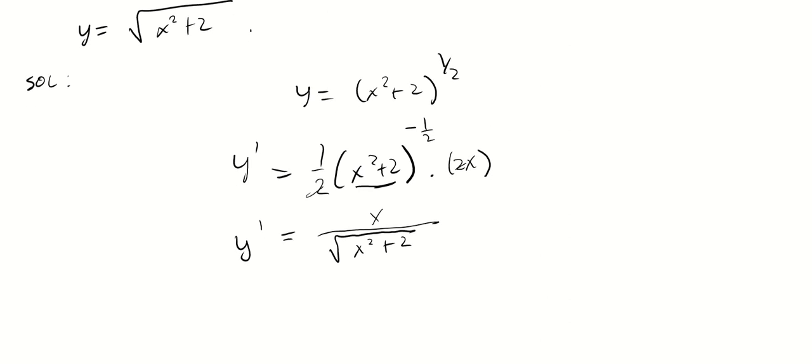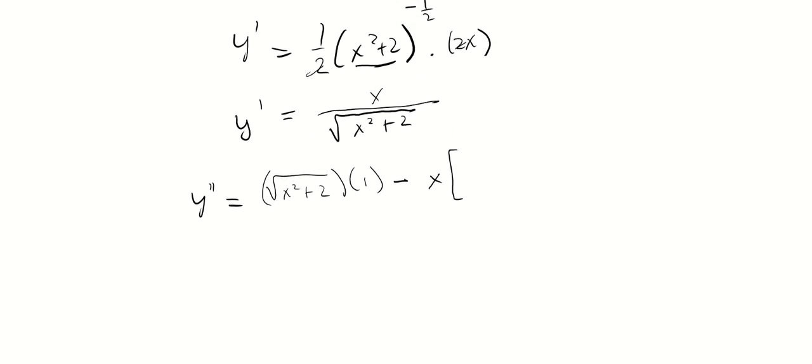But we want the second order, so we apply the derivative again. So this is a quotient, so we can apply the quotient rule here. So y double prime will be, according to the quotient rule, low d high minus high d low over low squared. The low, or the function at the denominator, is the square root of x squared plus 2. You multiply it with the derivative of the high, or the derivative of the numerator. And the derivative of x is equal to 1.